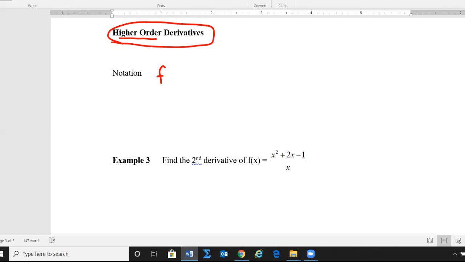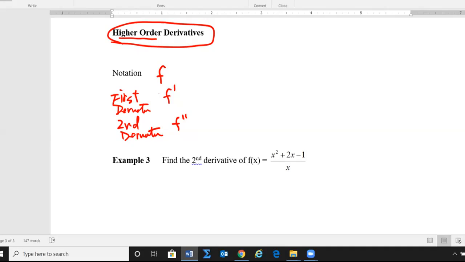So for instance, we might start with f, and we're going to have our first derivative, we call it. Now notice it's called the first derivative. We never called it that before, but now that we know there are more than one derivative, this one's called the first. The second derivative of f is f double prime.